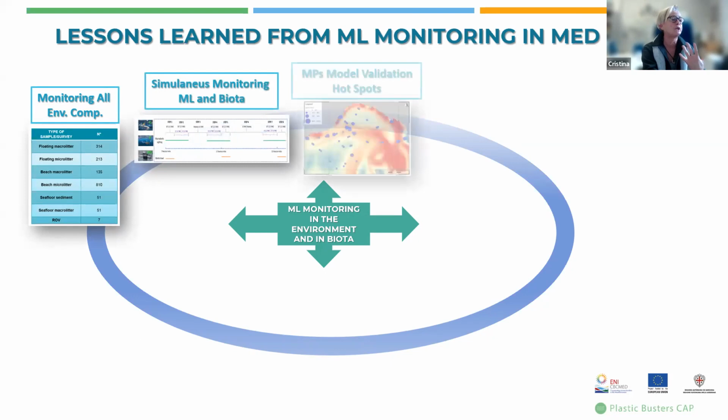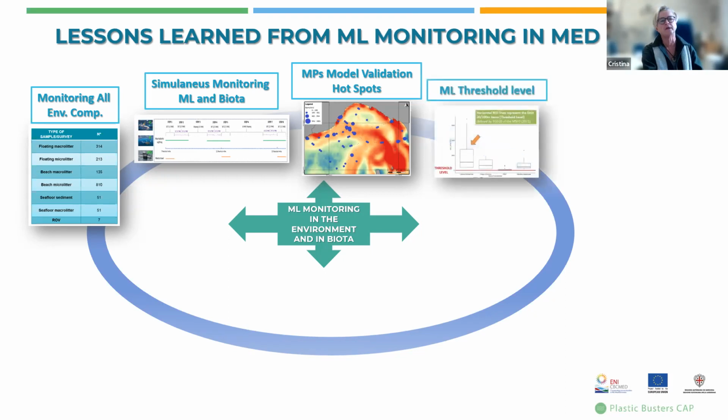And it's also very important to have simultaneous monitoring of the impact on biota and the presence itself. We also support research to develop marine litter models that can really help you to define the hotspot areas.